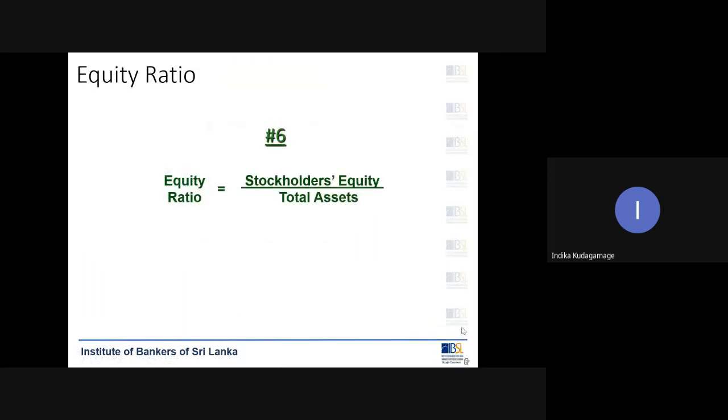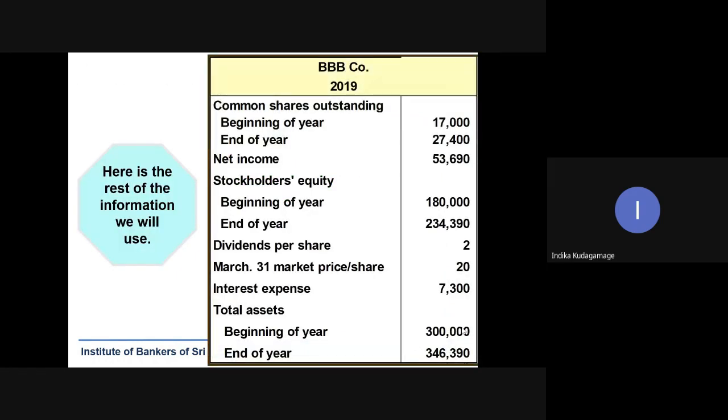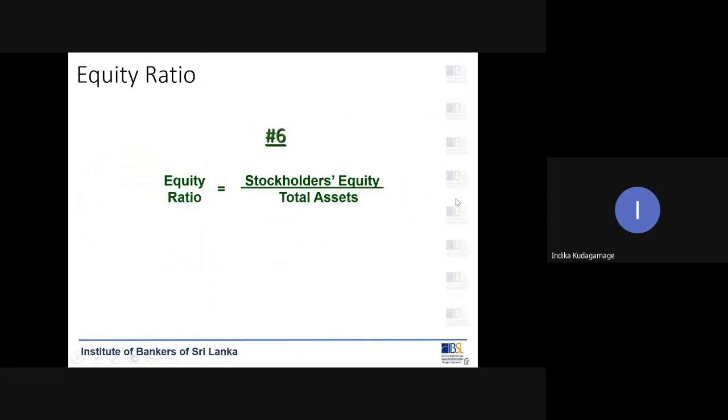Equity ratio, this is stockholders' equity. Total assets is the funding, which is net fixed assets plus current assets. This ratio indicates the portion of assets financed by the shareholder. Right?